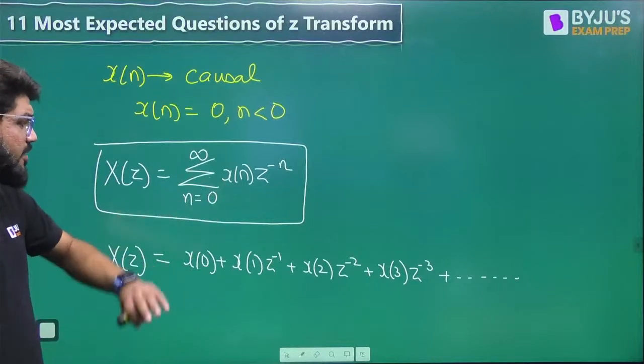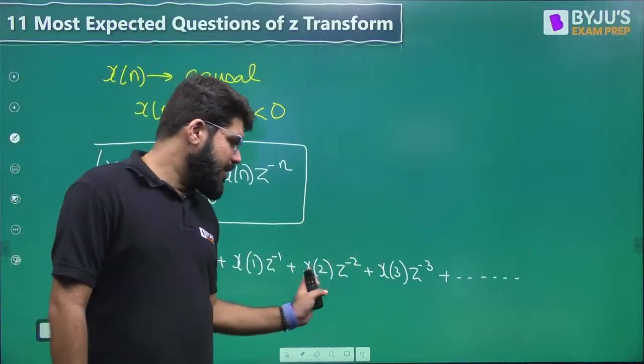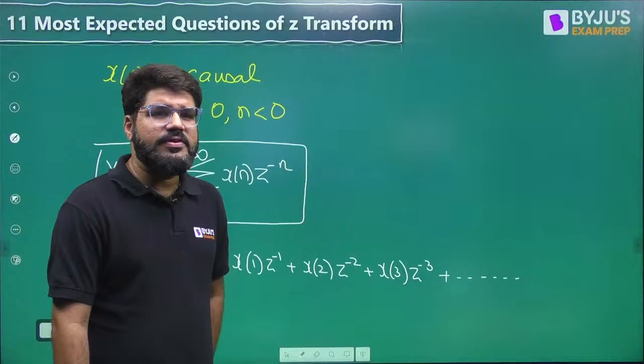That is the expansion for a causal sequence. So the Z transform, if expanded, contains all negative powers of z.